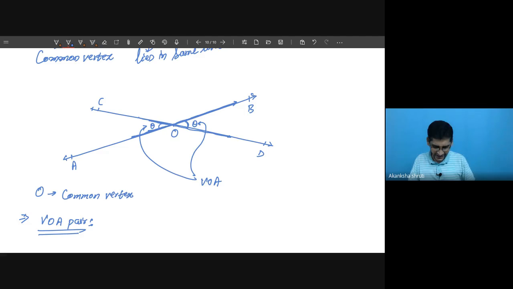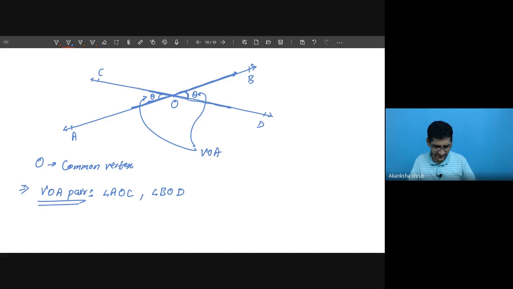So student, in this case we are able to see, one I had written angle AOC, and the other we have written was angle BOD. It was this one. The other pair is, if I consider AOD, the student must understand this AOD, starting with A, O and D, means it is like this angle that I am considering. Okay, students?